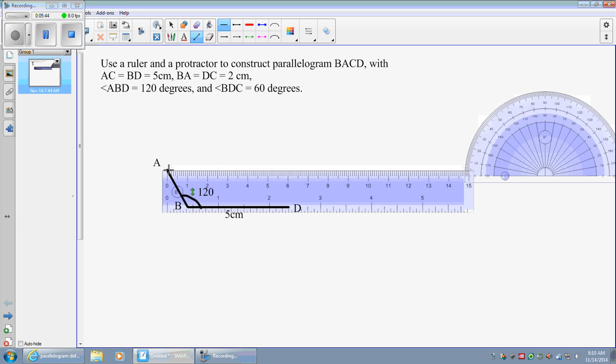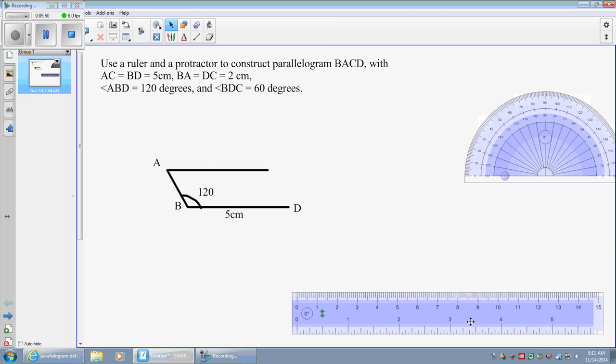Always start on 0 and 5 centimeters. Great. Get that out of the way. Now this line and this line are parallel. If it's a parallelogram, we have this line parallel, but this line and the line that connects these two also has to be parallel. We also know that this is going to be point C. So we have all of our points now.